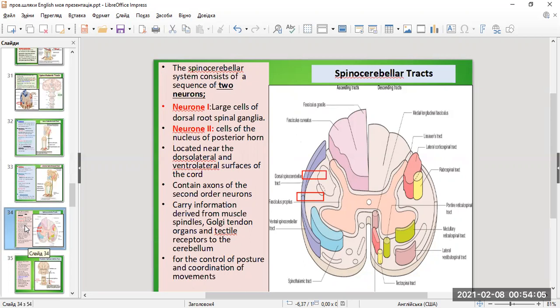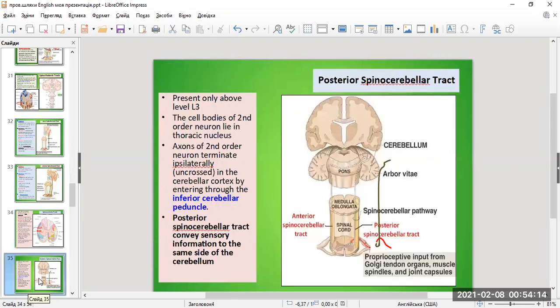For the control of posture and coordination of movements. Posterior spinocerebellar tract. Present only above level third lumbar vertebra. The cell bodies of second-order neuron lie in thoracic nucleus.